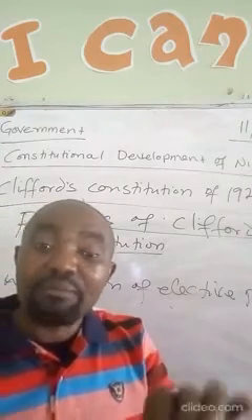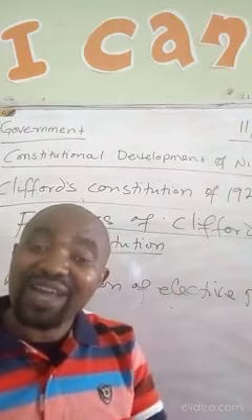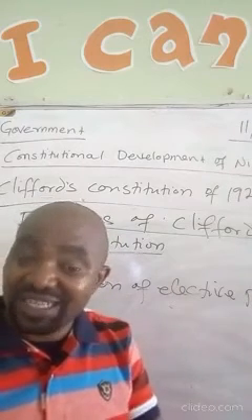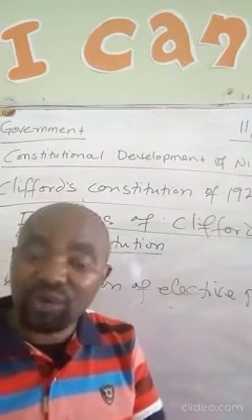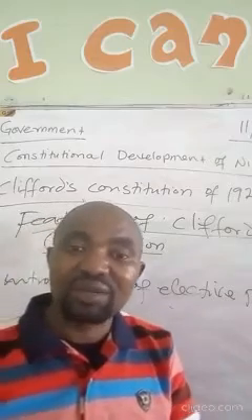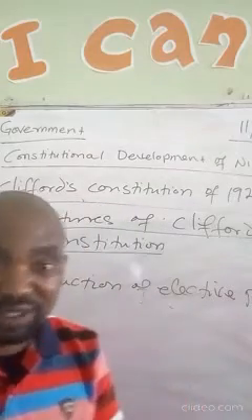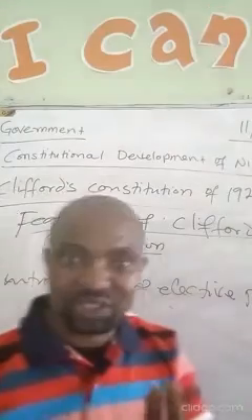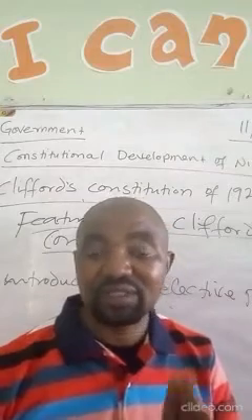So only male adults who are residents in Nigeria for at least 12 months and whose annual income is not less than 100 British pounds. So this is one feature of the Constitution.